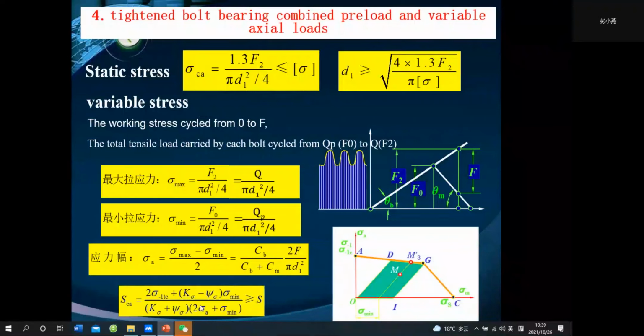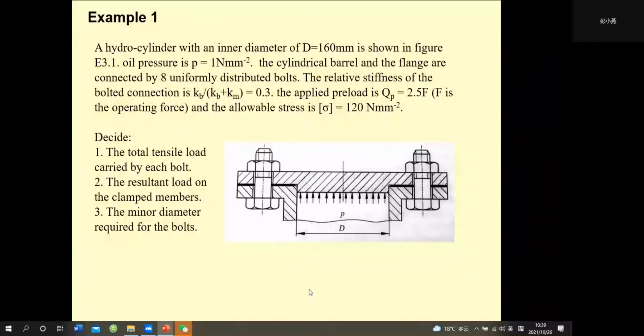Then we use this stress criterion, the one for constant minimum stress, to calculate the safety factor. Okay, and then let's look at an example.